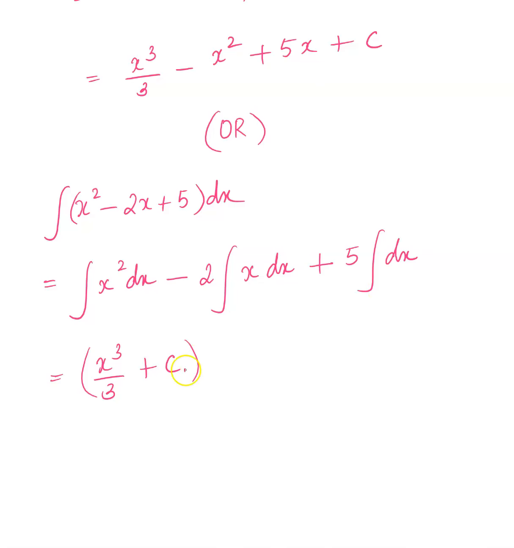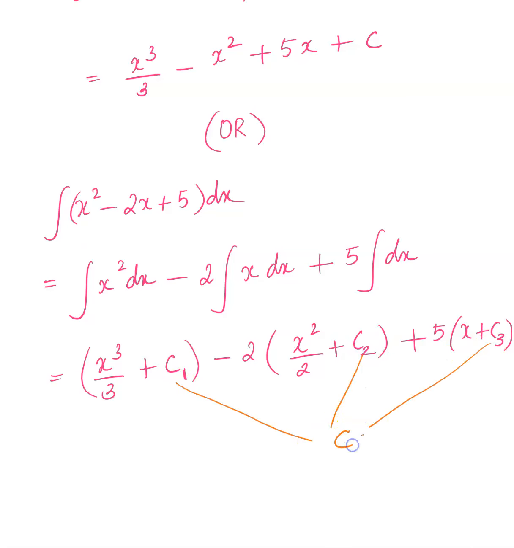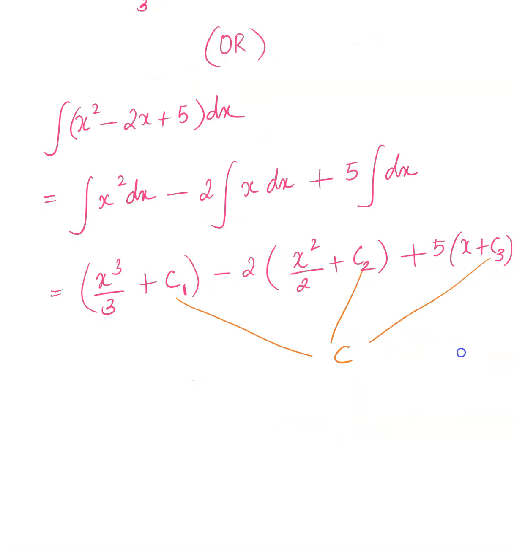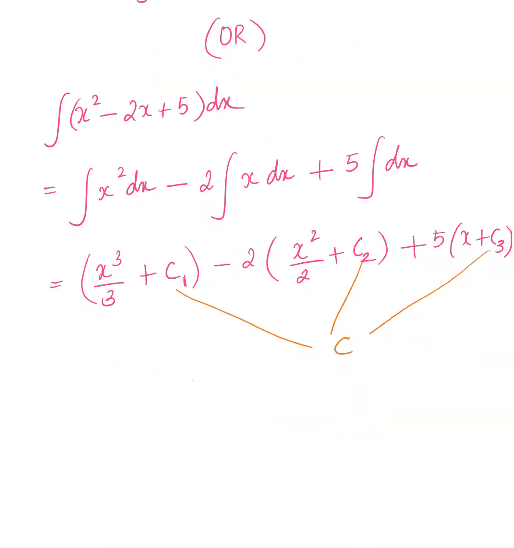There are going to be many c's, so I'm going to call this c1, minus 2 times x squared over 2 plus c2, plus 5 times x plus c3. But notice c1, c2, c3, if you combine all of these, you'll get another constant, isn't it? Because you combine all the constants, you're going to get another constant. I might as well call it a c.